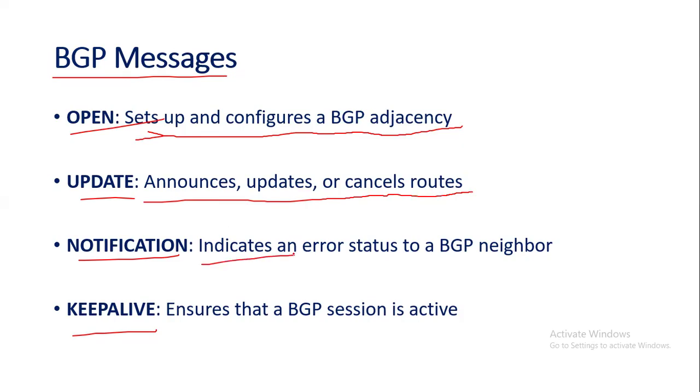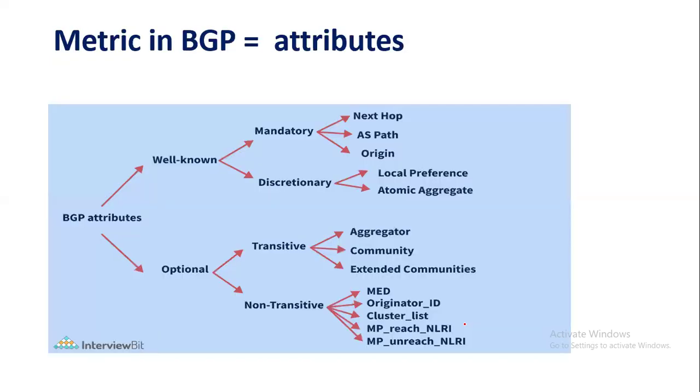If in case it goes down or there is an error in BGP, you will get the BGP neighbor notification. And keepalive means the BGP session is active. So those are the four types of messages, and make sure you understand open, update, notification, and keepalive, and run through these messages briefly.